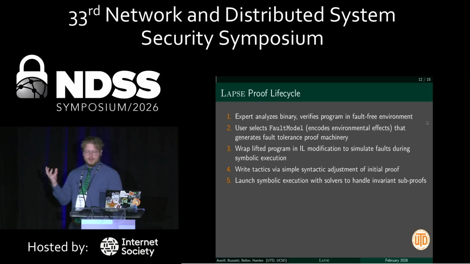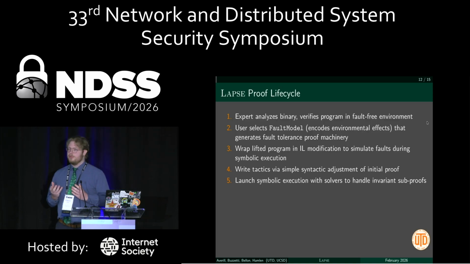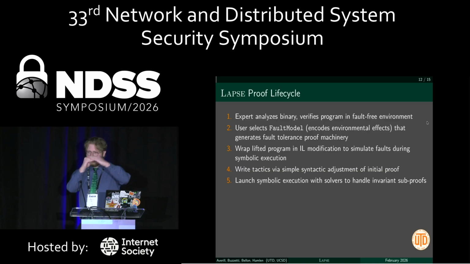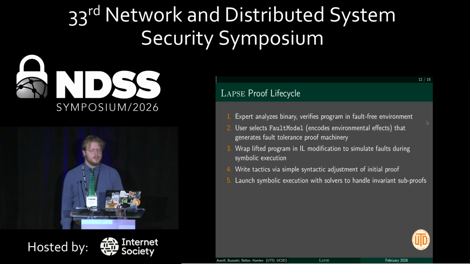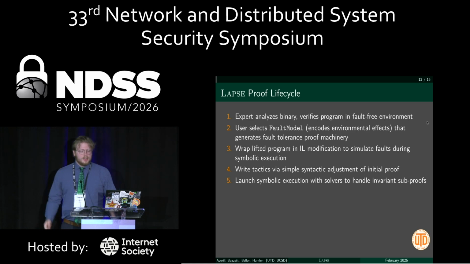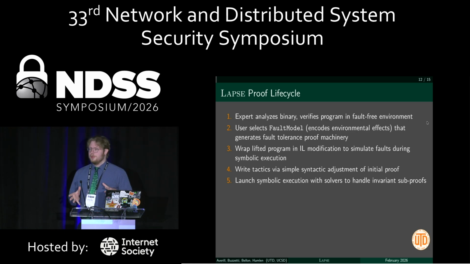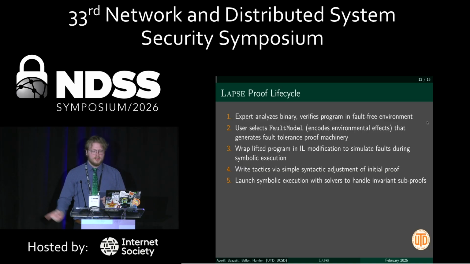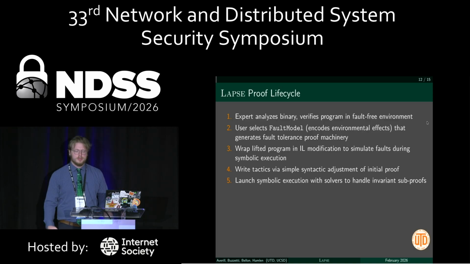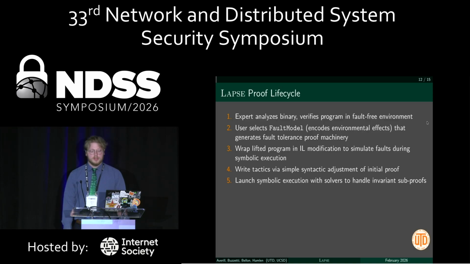You wrap the lifted program in an IL modification function that is going to inject a fault simulation at every instruction, and I'll show an example of that on the next slide. And then you take your initial correctness proof and you perform some minor syntactic adjustments and wrap up all your proof logic into one tactic that you can dispatch as the symbolic execution traverses the control flow graph and hits various invariant points.